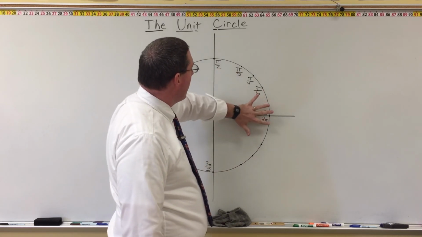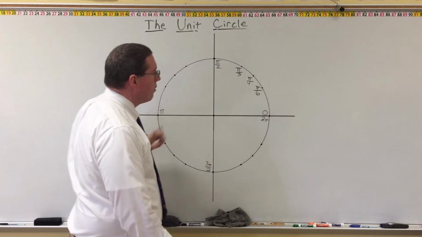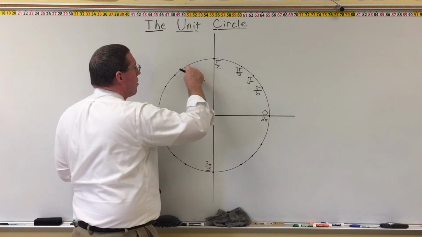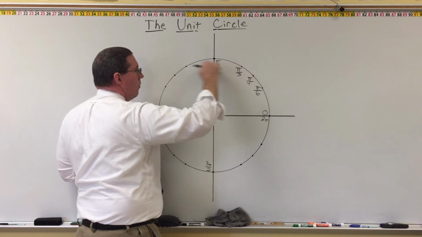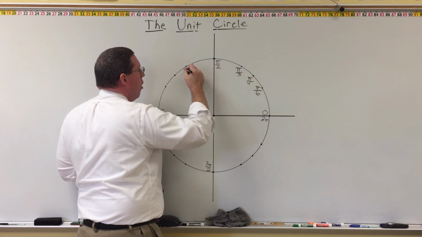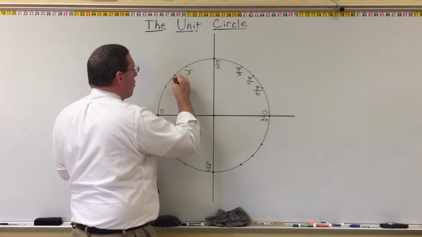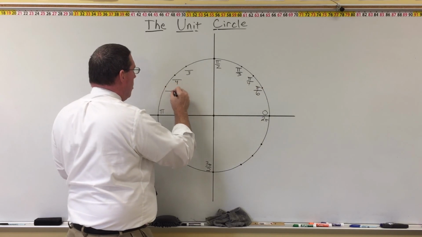And what you're going to find is, as long as you can memorize this quadrant, it helps you with the other quadrant. Because here's the cool thing. From this pi over 3, I can go straight across to this one. If I go parallel or straight across, this is also an over 3. If I go straight across on this one, it is also an over 4. And if I go straight across from here, this one is also an over 6.